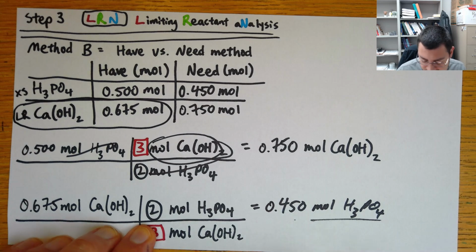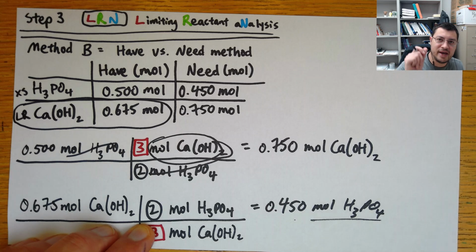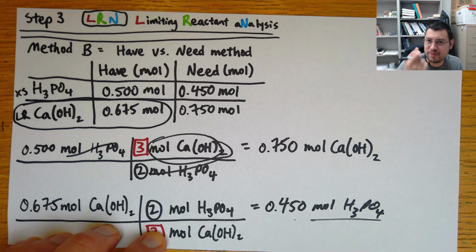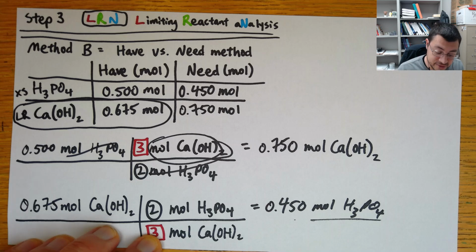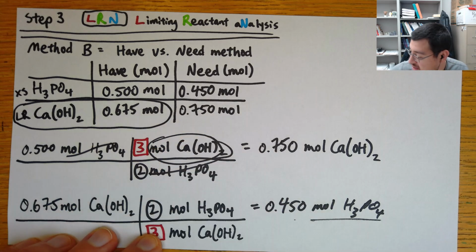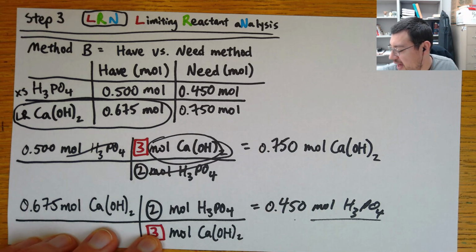At the end of the reaction, we would expect this solution to have a pH lower than 7, acidic conditions, if we use a pH meter or pH paper. Did we get the same result as method A? Let's check.